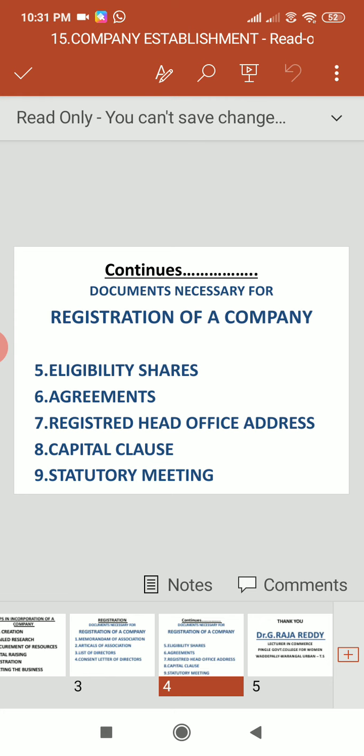A registered company can act on its own, can make agreements with other parties, buyers, sellers, even the government.